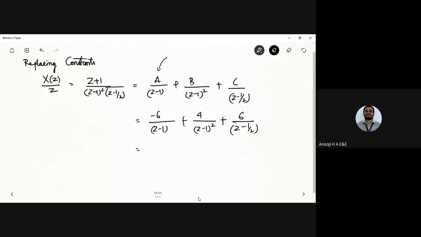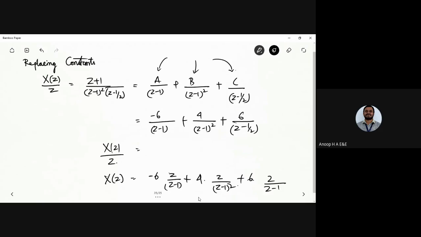That would be equal to x of z divided by z. Okay, so in order to find out what is x of z, I need to multiply it by z again. That is minus 6z divided by z minus 1 plus 4z divided by z minus 1 the whole square plus 6z divided by z minus 1 by 2. Okay, so this is x of z.